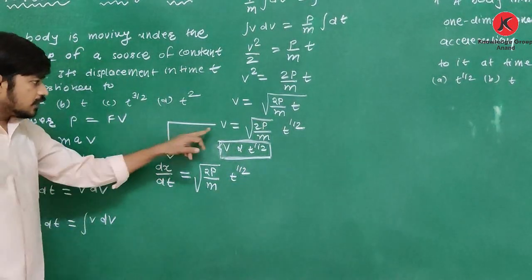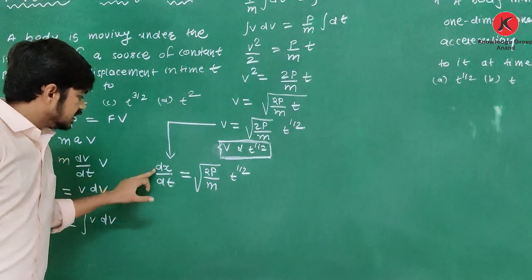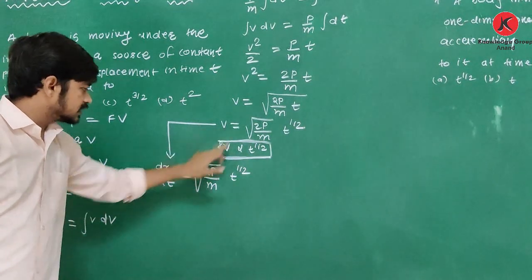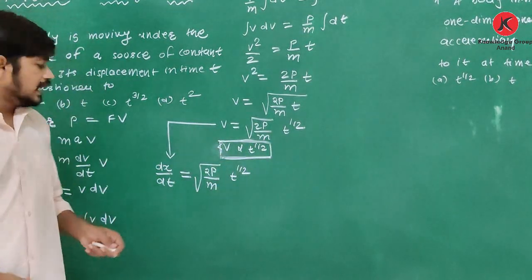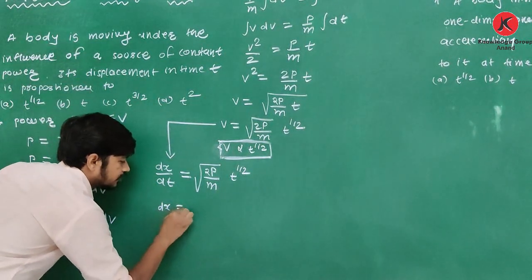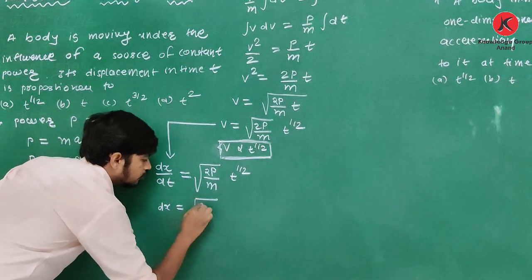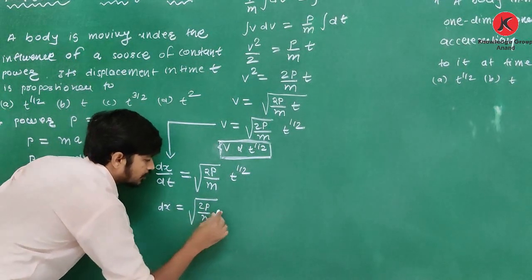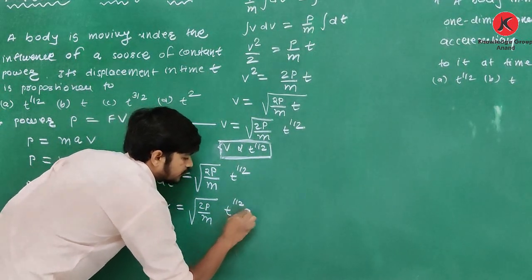We know that V is equal to dx upon dt is equal to under root 2P upon m, t raised to 1 by 2 as it is. So now if I take dt to this side, then dx is equal to under root 2P upon m, t raised to 1 by 2 dt.